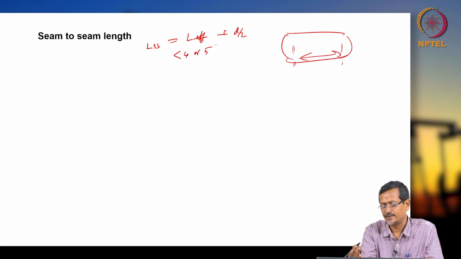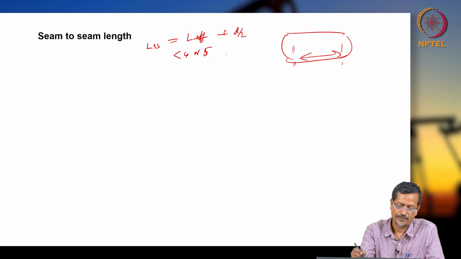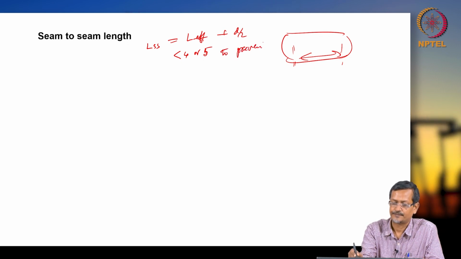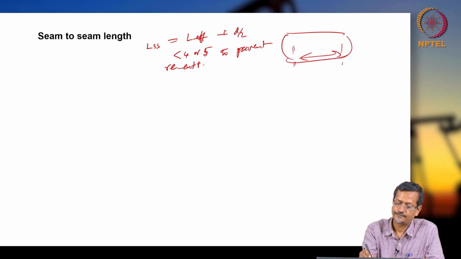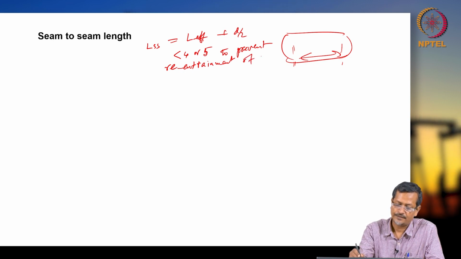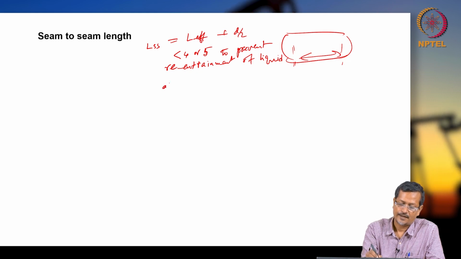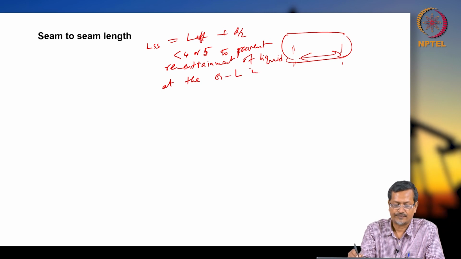Sometimes it can go to a maximum of 4 or 5. So let's say 4, to prevent re-entrainment of liquid at the gas liquid interface.